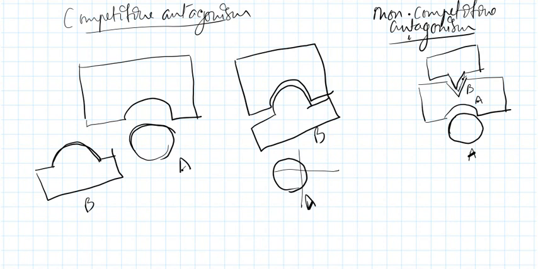But in case of non-competitive, there is no competition between A and B, because you have a space for A, you have a space for B also. So there is no need of competition. Both of them can happily bind to it.